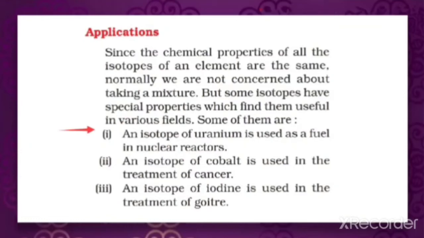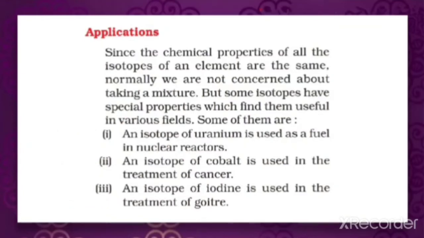Next, an isotope of cobalt is used in the treatment of cancer, which is one of the most important applications of isotopes in the medicinal field. And an isotope of iodine is used in the treatment of goiter. So these are the important applications of isotopes in various fields.